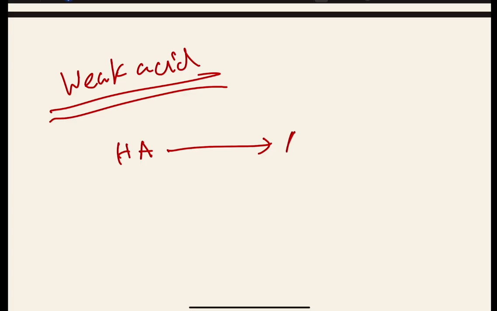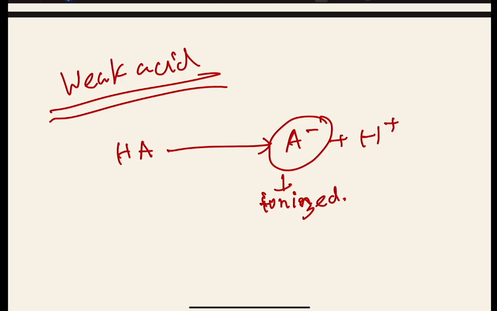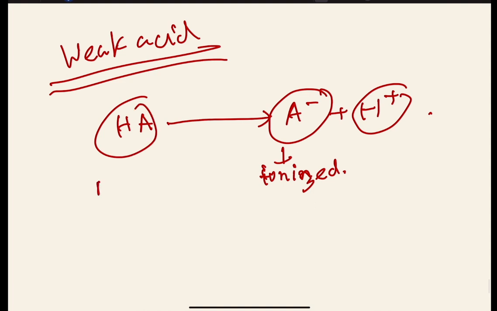So we will write it like this: if this drug gives hydrogen, it will be ionized into A minus and there will be H plus. And HA is the form of non-ionized drug.